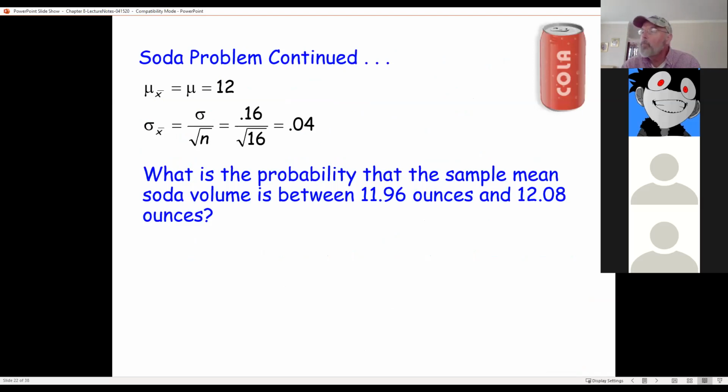So what is the probability that a sample mean soda volume is between 11.96 ounces and 12.08 ounces? Now, when we get down to double decimal places, those are very small volumes.